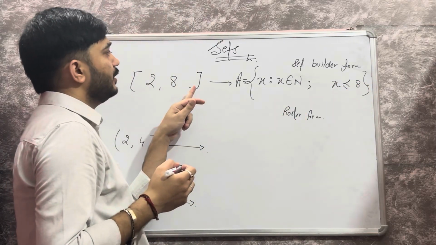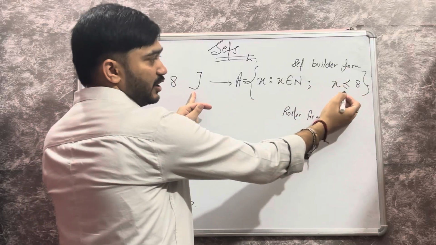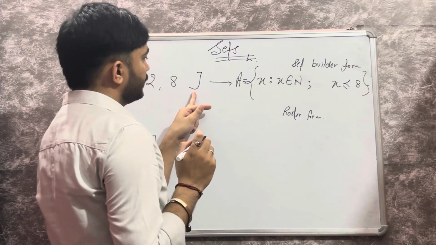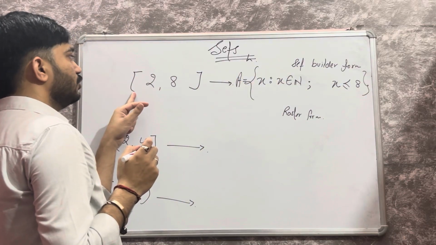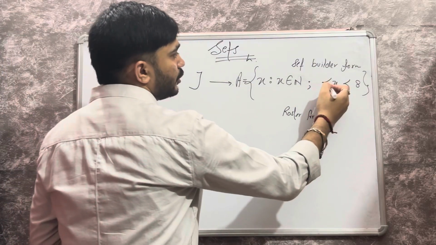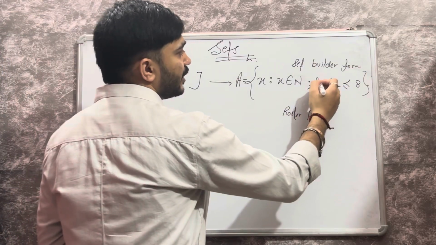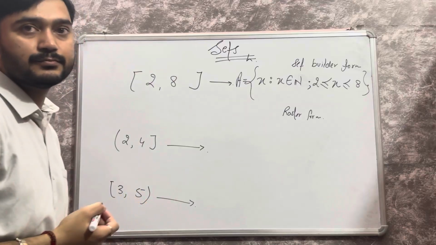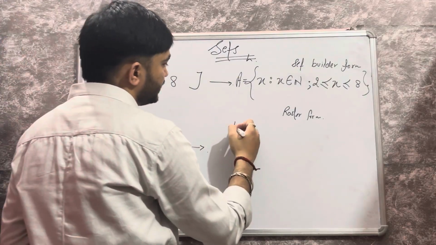Since it is a closed bracket, you have to use less than or equal to. Always remember that. Here it is also a closed bracket, so you use the less than or equal to sign and write 2 here. Any doubts?